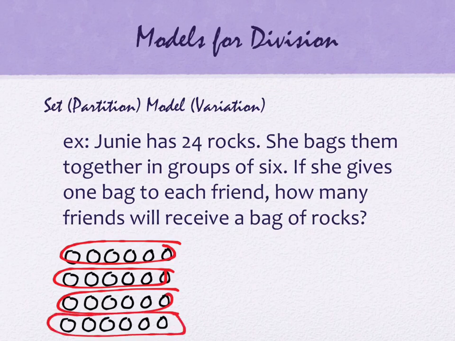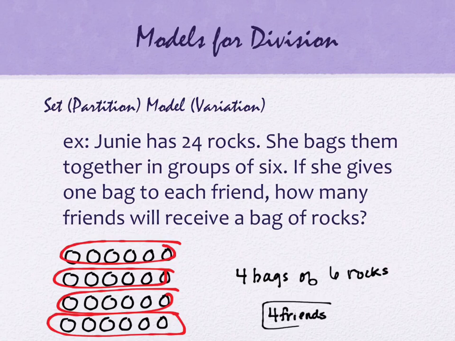And once I put these 6 rocks apiece in each of the bags, I end up with 4 bags of rocks. So there are 4 bags of 6 rocks, meaning that I can give them to 4 friends. Does that make sense?